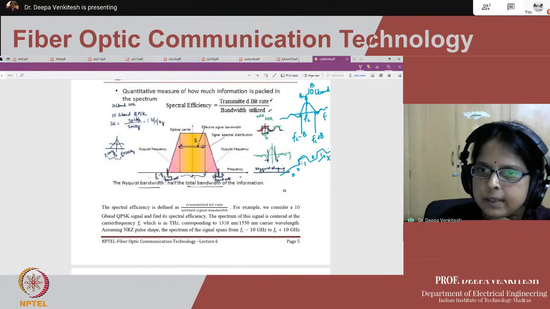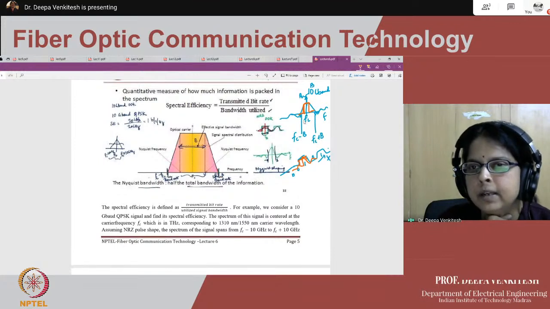Instead of transporting it this way, you could actually shape your pulse in the time domain like this, and you could get a sharper spectrum. You could reduce the spectrum occupied in the frequency domain by doing Nyquist pulse shaping in the time domain.